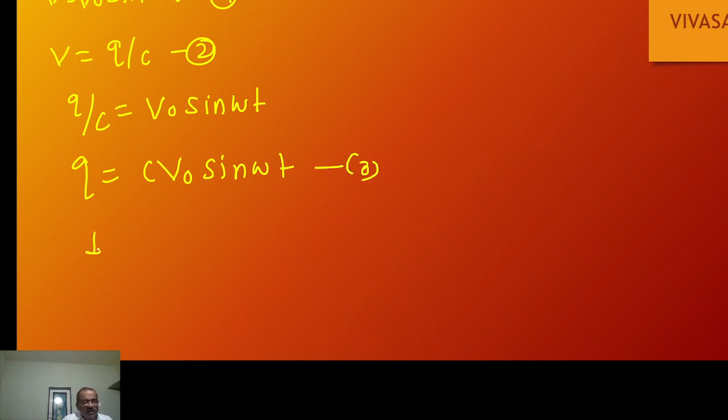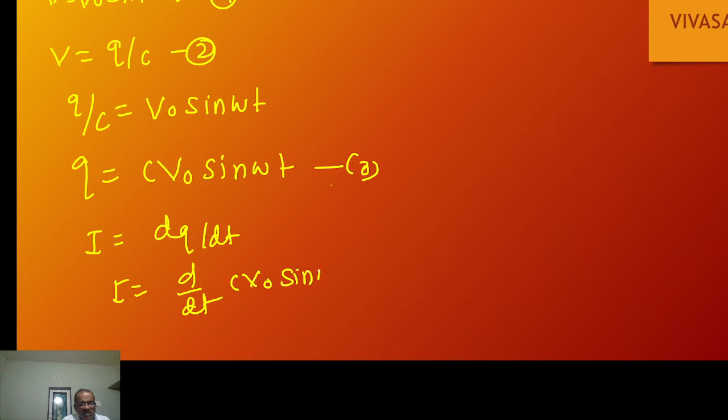Then we know current is the rate of change of charge, I is equal to dq upon dt. So I is equal to d upon dt of C V naught sin omega t. The derivative of sin theta is cos theta, so I is equal to C V naught cos omega t into omega, because it is a composite function.